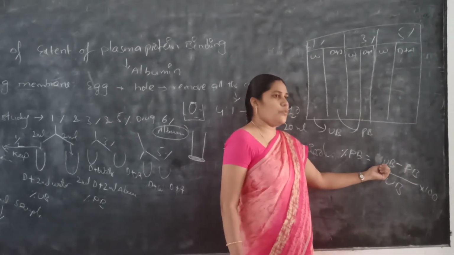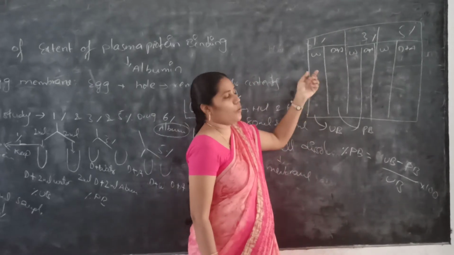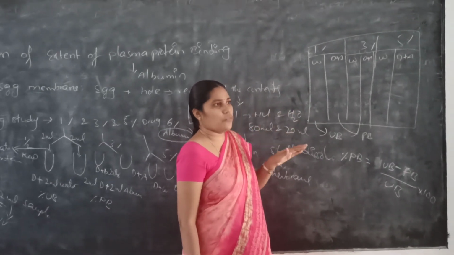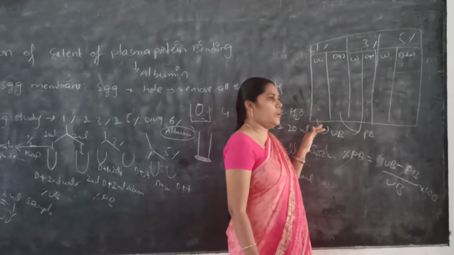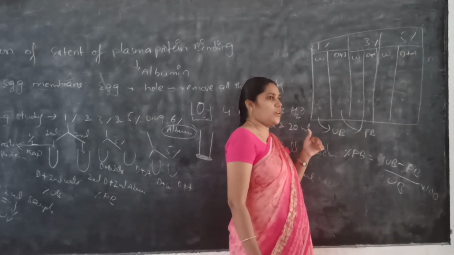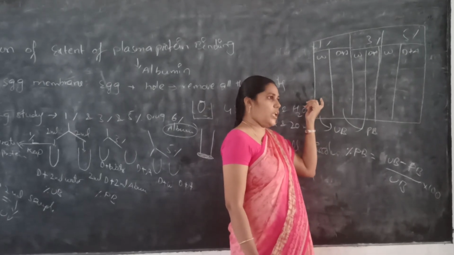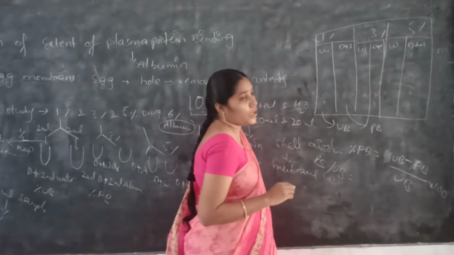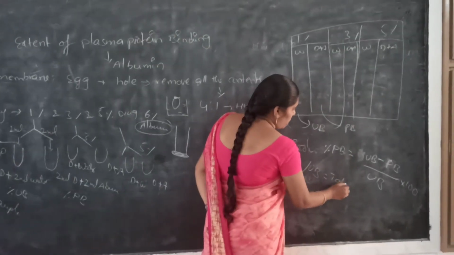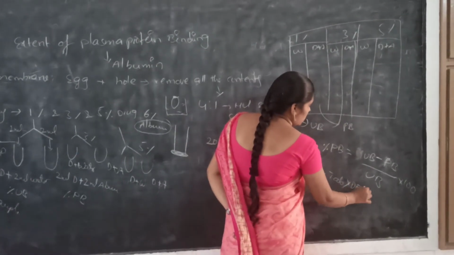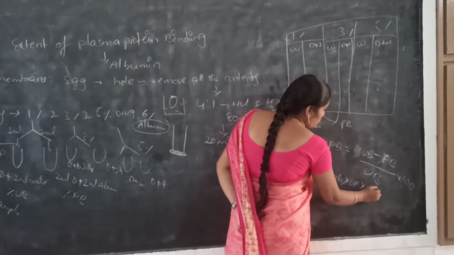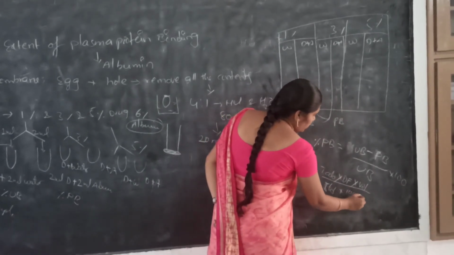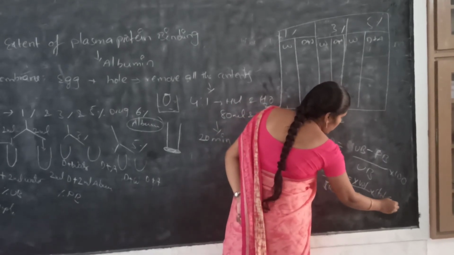The absorbance we get for water is known as the test absorbance. Concentration is test absorbance divided by standard absorbance, into dilution factor, into volume of dissolution medium, that is 100, into standard concentration, divided by 1000 to get the concentration in mg.